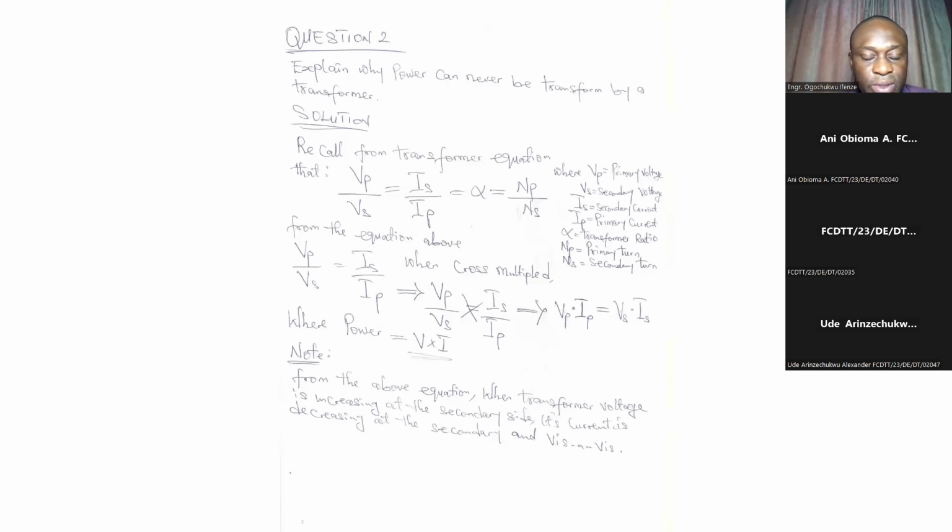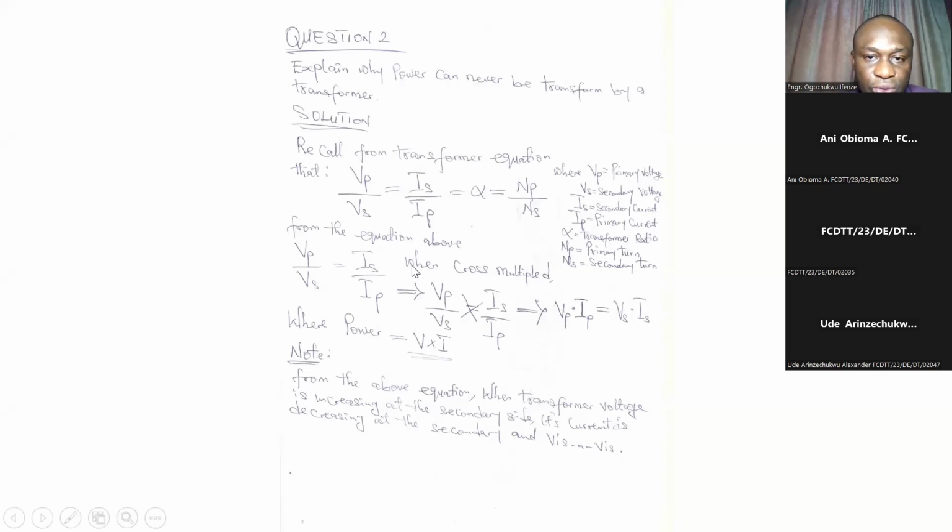Okay, Adewale Steven. If you look at this equation very well, these are the equations all of us are familiar with. The voltage at the primary over voltage at the secondary, we can use it to get our transformer ratio. So what this means is that when we put these two things together, they are equal because they are equating to the transformer ratio. Are you getting me? Yes, sir. Okay.